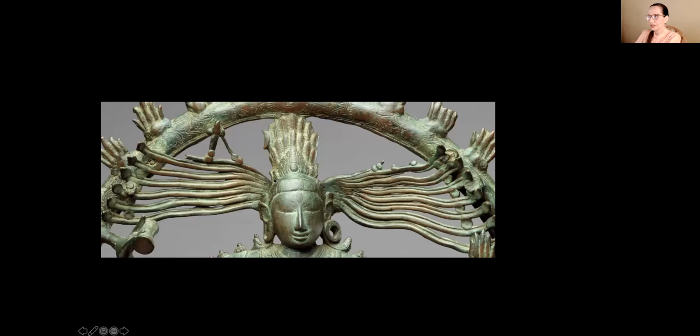We also have a sense of motion here because these are Shiva's matted hair, his matted locks, that are moving to suggest the movement of Shiva, his dance, and within the cosmos of this a ring of fire.